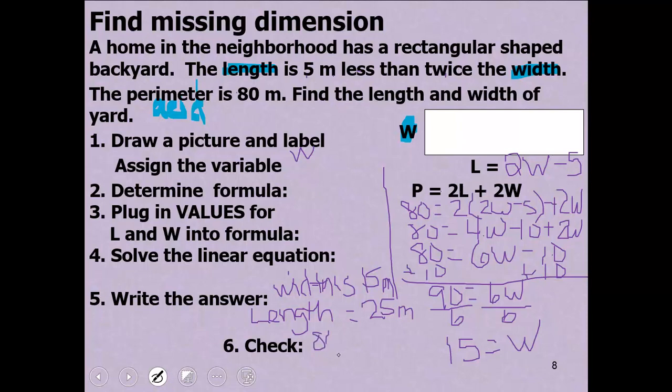So 80 equals 2 times 25 plus 2 times 15. 2 times 25 is 50, plus 2 times 15 is 30. So I get 80 equals 80, and that's a nice thing to have. And it checks.